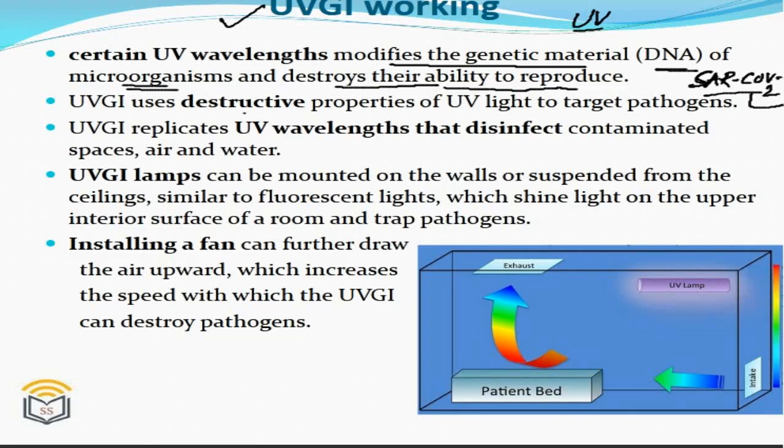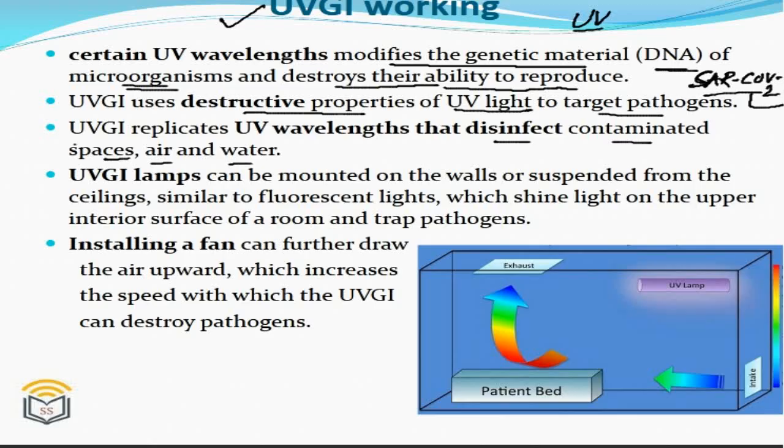So UVGI uses the destructive properties of UV light to target pathogens, and it replicates the UV wavelengths that particularly disinfect contaminated spaces, air and water.